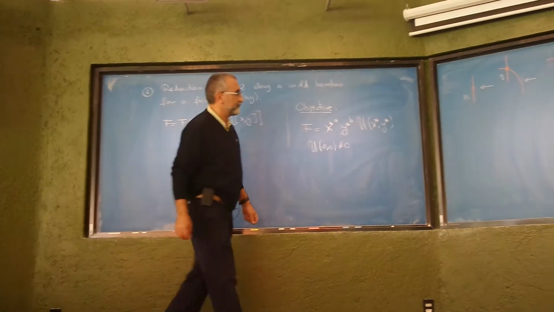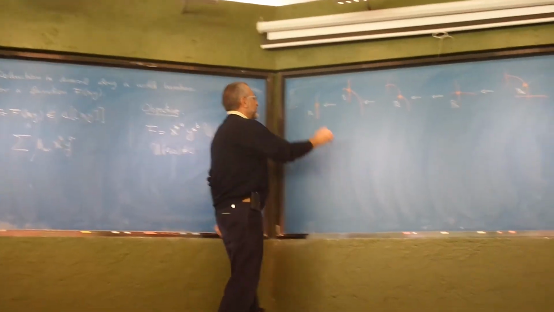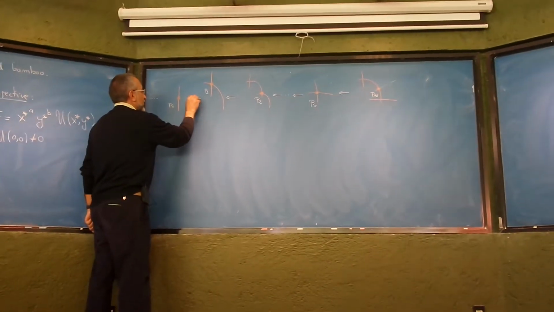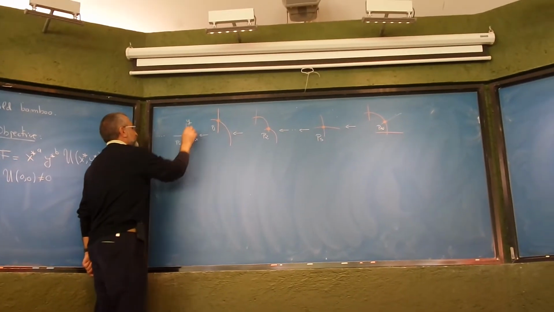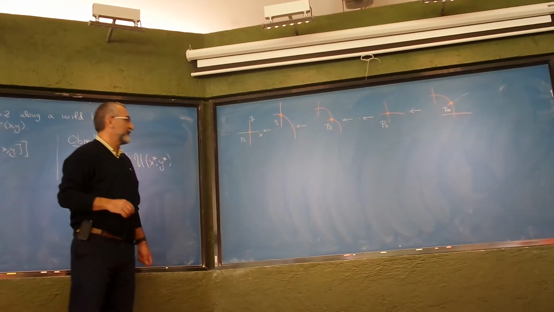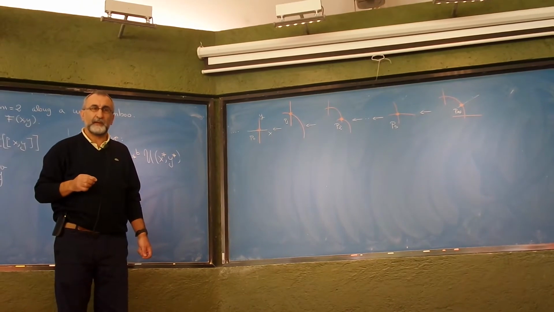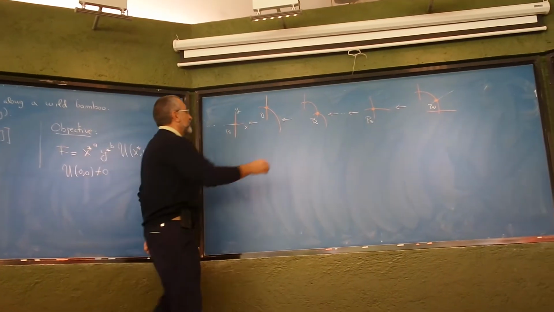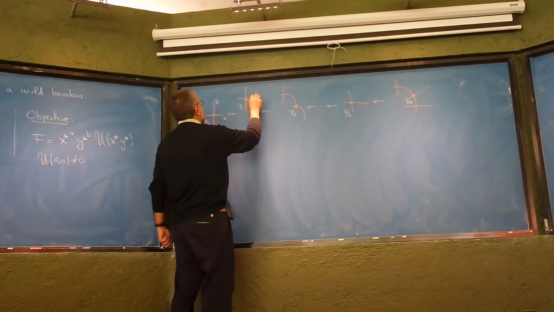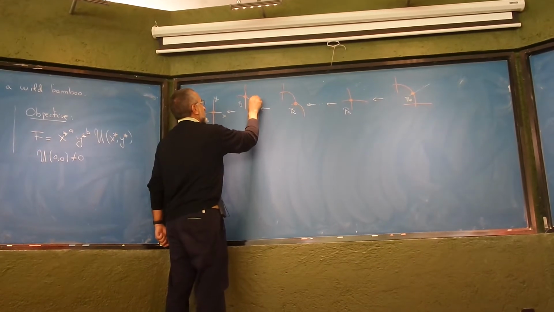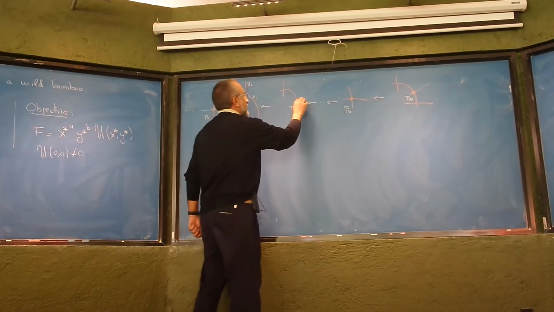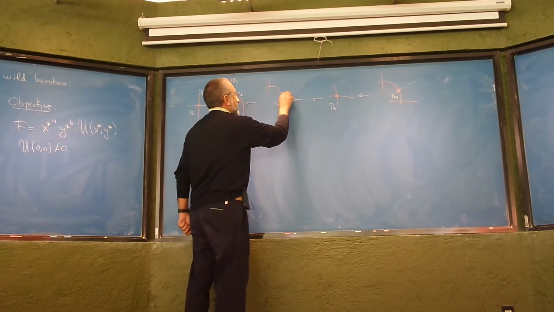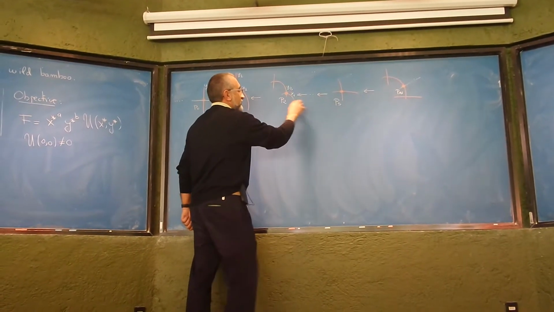Okay. So here I will put coordinates like that at P0. And at P1, I will put coordinates like that, x1, y1. At P2 also, like that, x2, y2.